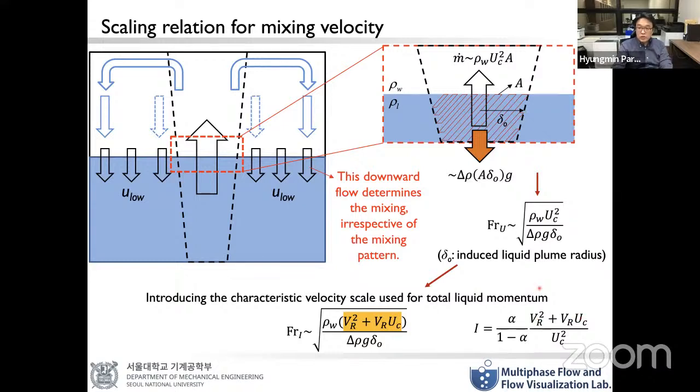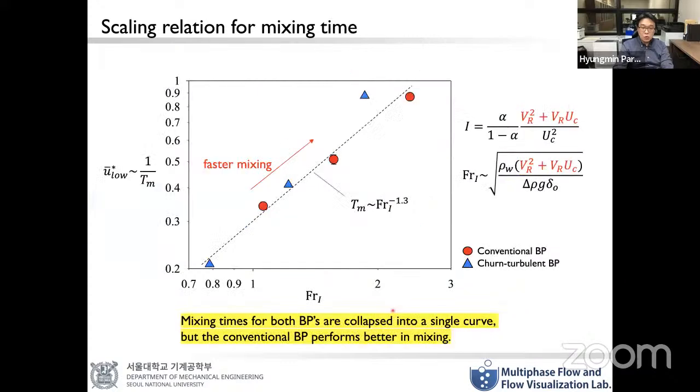So when we change this bubble velocity scale with this one, we can define a new Froude number that will be responsible for the mixing efficiency. So we plotted the U low, the downward velocity of the interface, which will be inversely proportional to the mixing time, as a function of our Froude number.